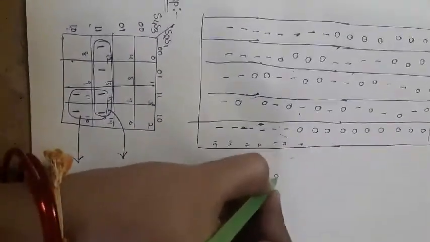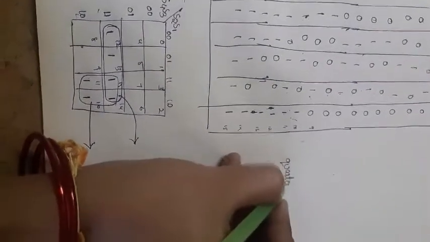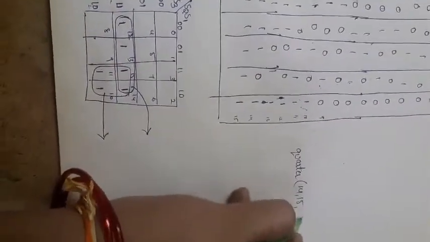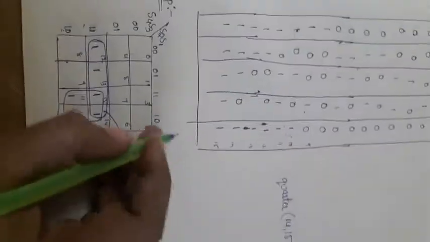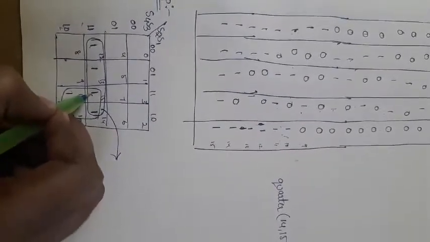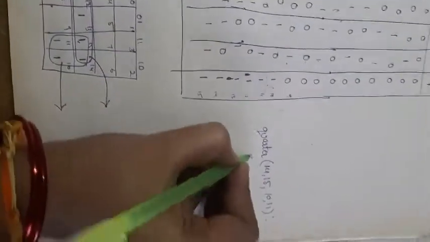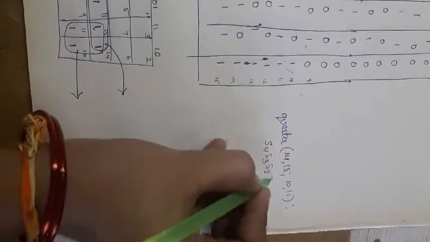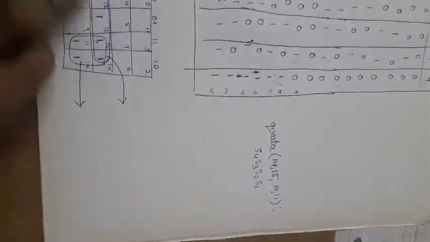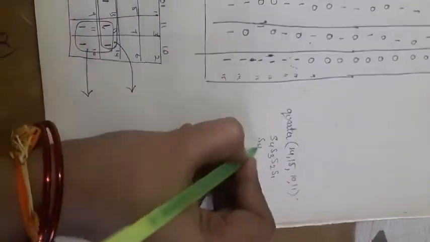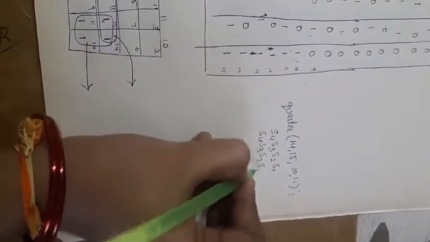First I will choose the quad with cell numbers 14, 15, 10, 11. For cell 15, that is 1111, so all will be normal: S4, S3, S2, S1. Next, 14 is 1110, so S4, S3, S2, S1 complement.